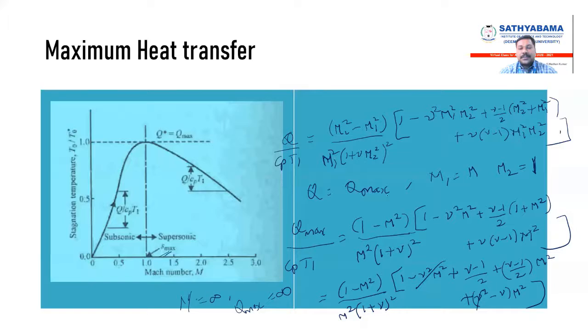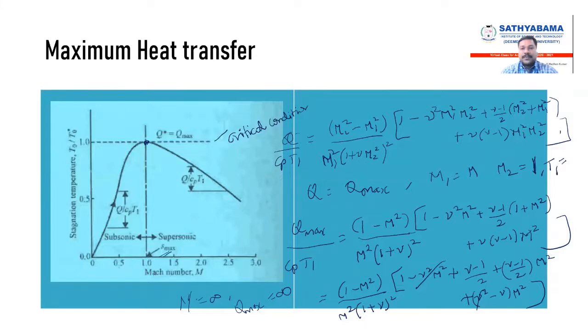When Q is equal to Q max, that is during the critical state, during the critical condition, that is Mach number is equal to 1, that is Q star is equal to Q max. So your Q becomes Q max here, and your temperature becomes T1.